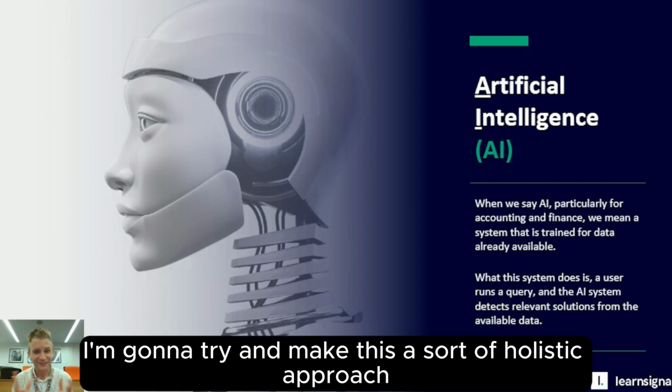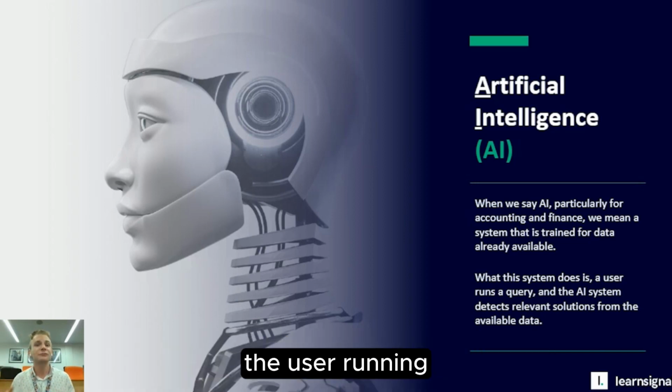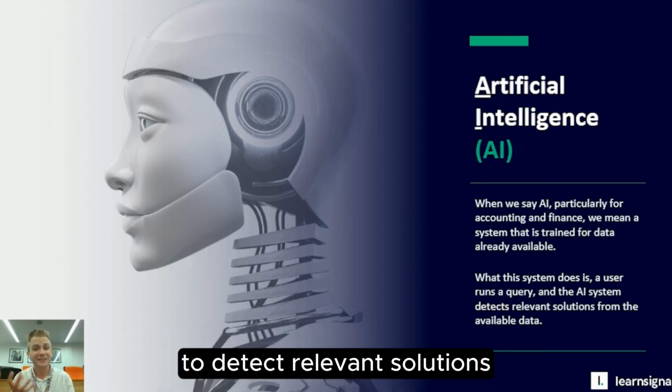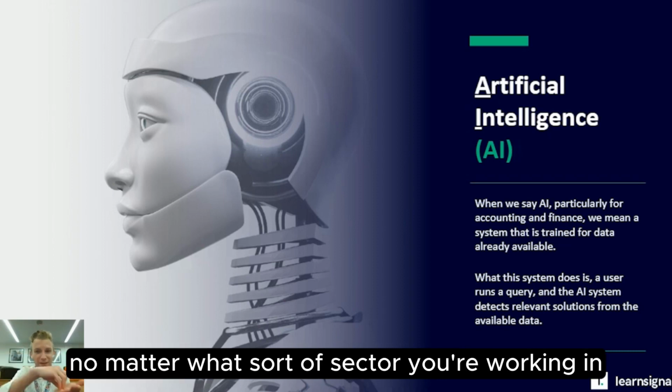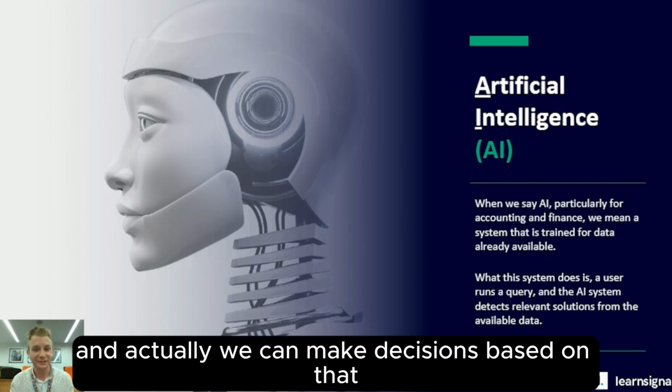I'm going to try and make this a holistic approach, but it's all about the user running queries with the artificial intelligence system to detect relevant solutions from the available data. That is the key thing for your notes: we take the data, no matter what sector you're working in, and then the artificial intelligence can interpret it, and we can make decisions based on that.